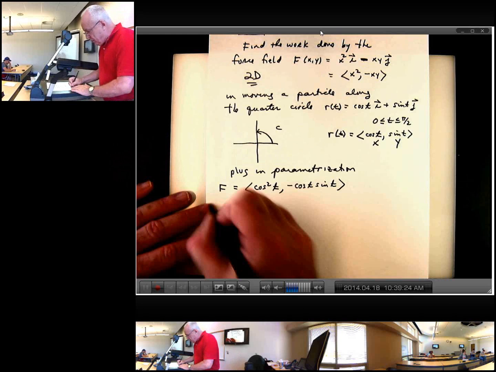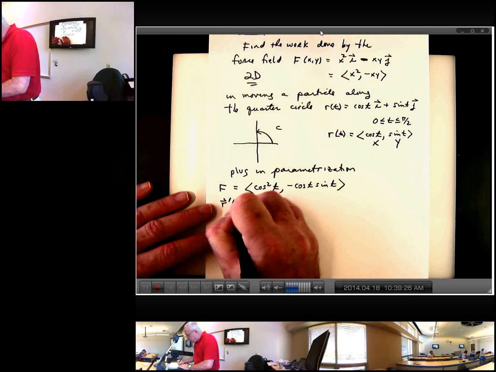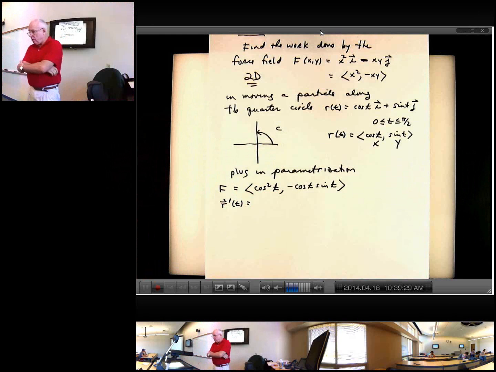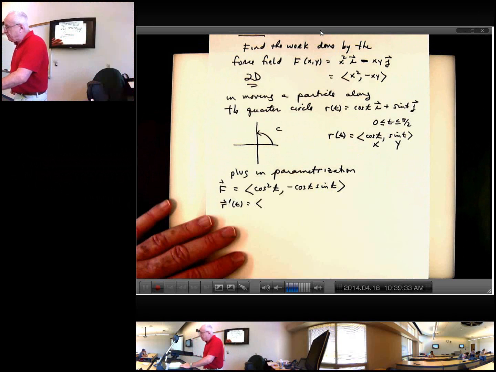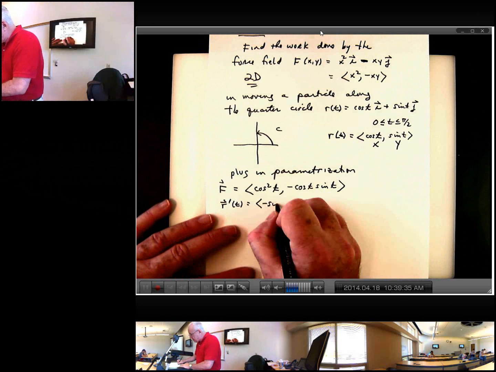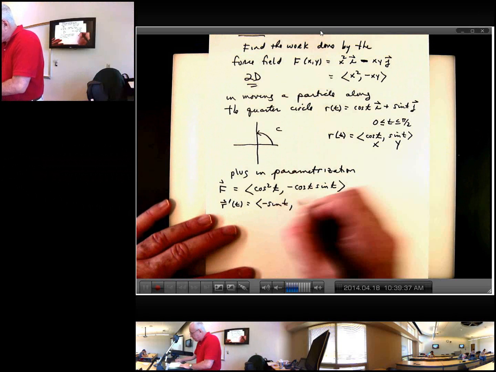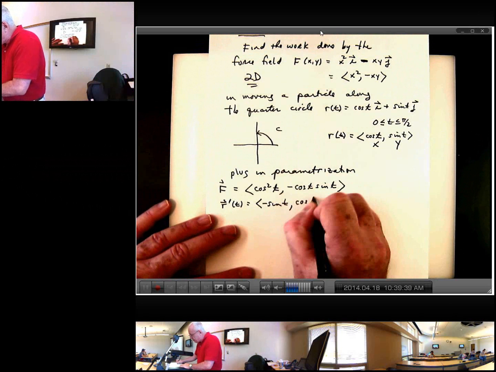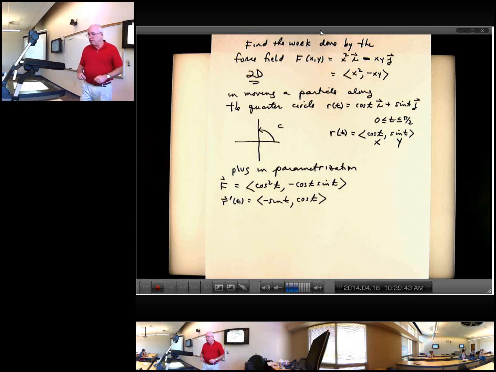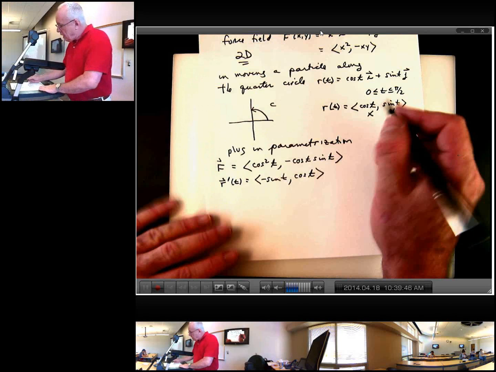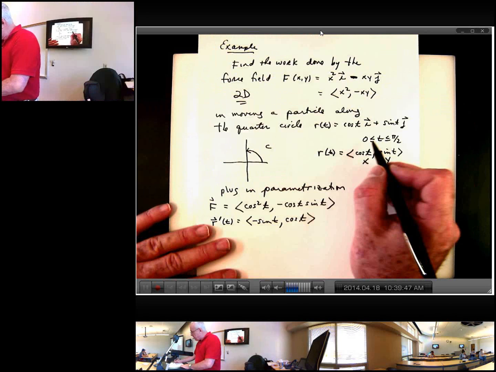And then we need to also calculate the derivative of our curve. So that's going to be what? Derivative of the cosine is the negative sine of t. Derivative of the sine is the cosine of t. All right? And then we're ready to set up our integral. Our limits of integration here are going to be 0 to pi over 2.